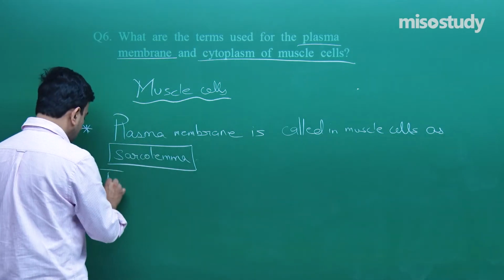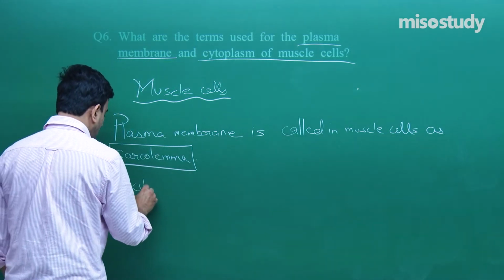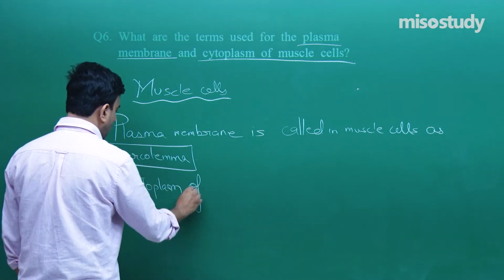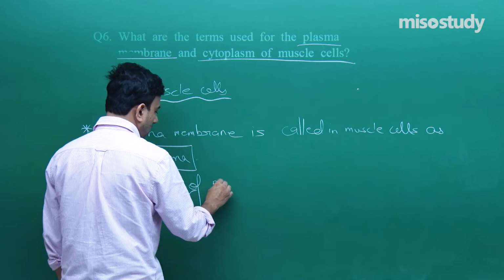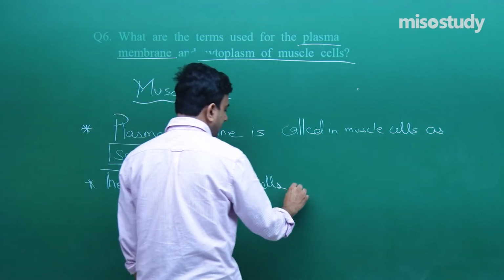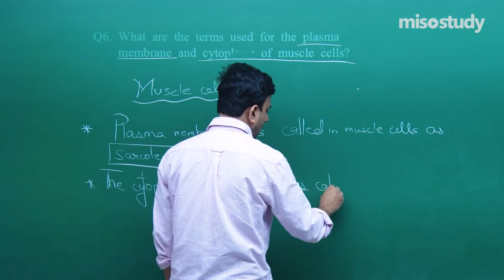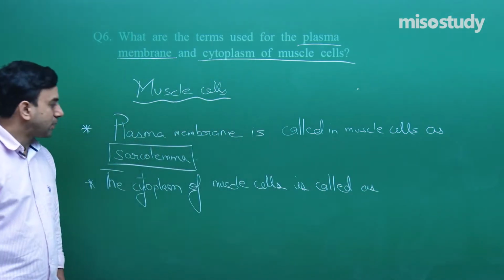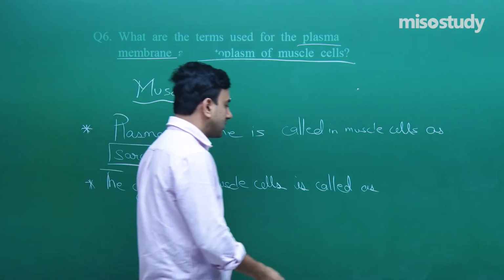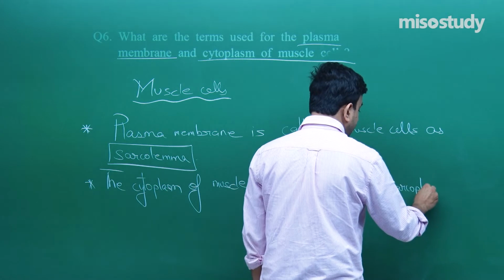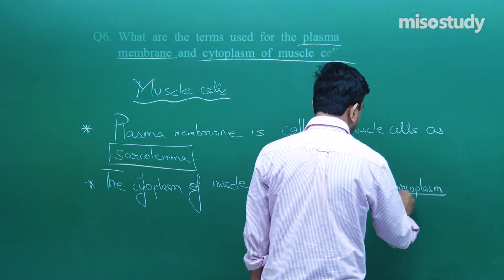The cytoplasm of muscle cells is called sarcoplasm.